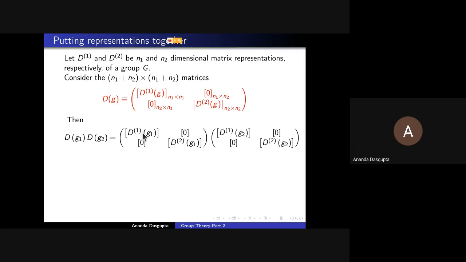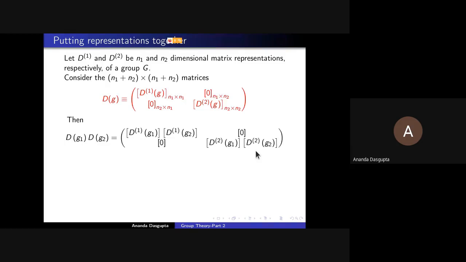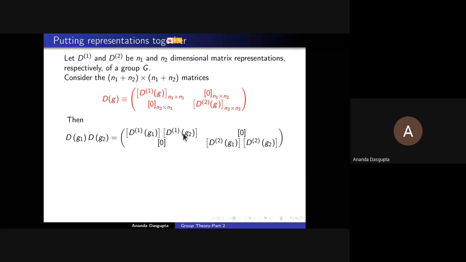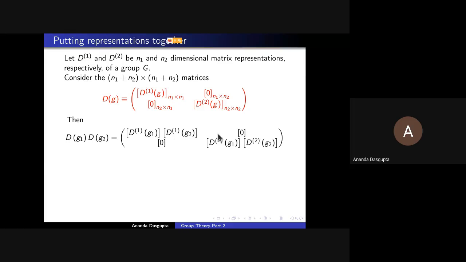So if there were two elements here, A, B and C, D, you would have done A times C plus B times D. You just do that with matrices. And if you do that, then you immediately see that this diagonal block will become D1(g1) D1(g2), this one will become D2(g1) D2(g2), and these will still be zero. So this is also of the same form. Not only that, D1(g1) D1(g2) is of course D1(g1 g2), and D2(g1) D2(g2) is D2(g1 g2).